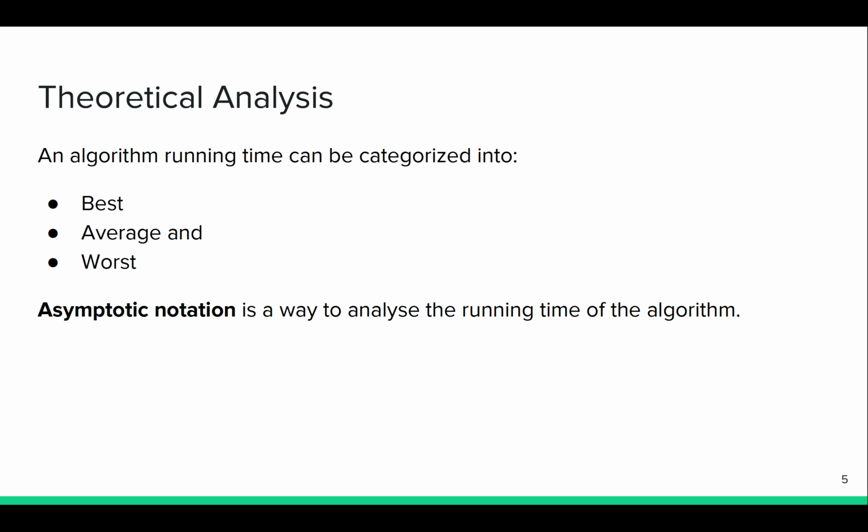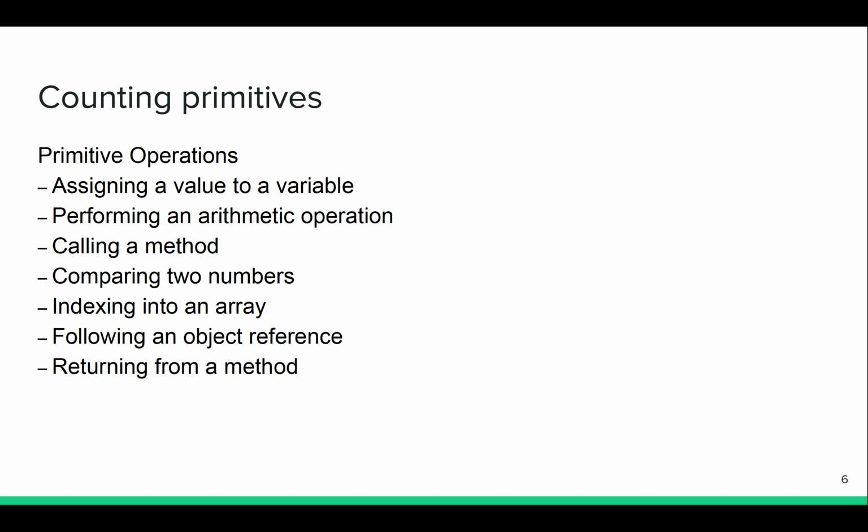So I can say that the function f of n is asymptotically equivalent to the 3n square term when n tends to infinity. More on asymptotic notation will follow in the next lecture. So as practical analysis is not possible, we are going for theoretical analysis, and for theoretical analysis we are going to use asymptotic notations.